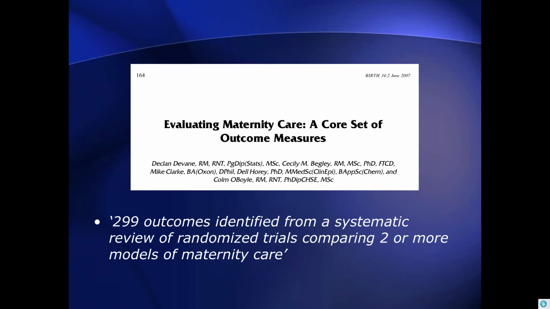It very quickly became apparent that the different stakeholder groups, while they may have shared some common outcomes that they felt were important to measure, there was wide heterogeneity in what those outcome measures should be. And we found 299 outcomes from studies that had looked at evaluating two or more models of maternity care.